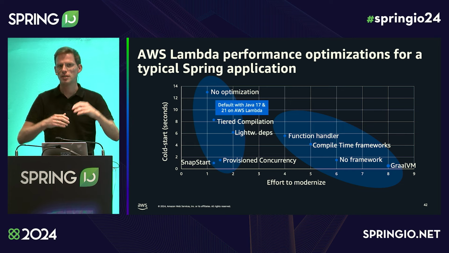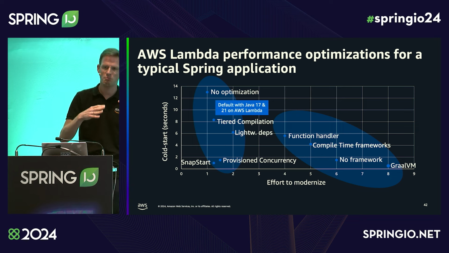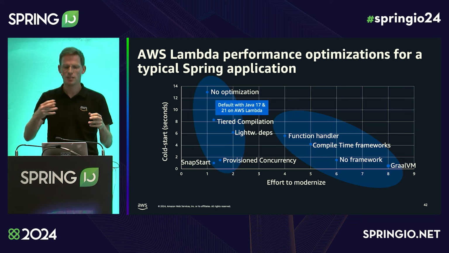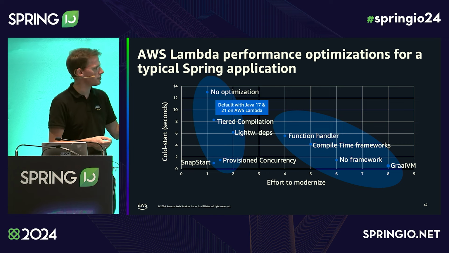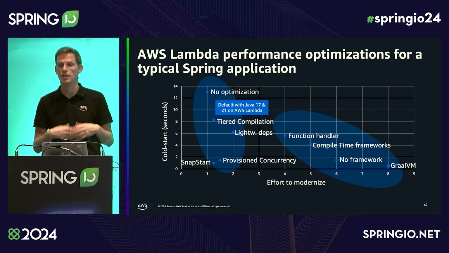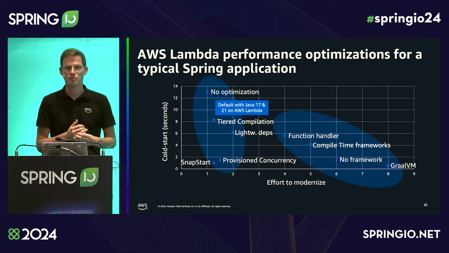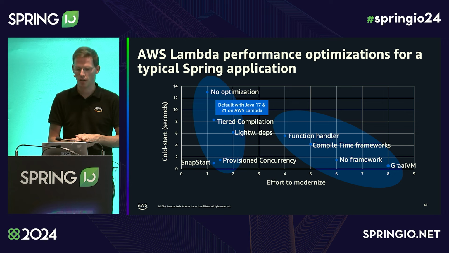So usually we suggest customers should start with Snapstart, see how that goes. And if you think you need more, then you take a look into GraalVM, because with Snapstart, you can really use all the language features. You still have the managed Java runtime environment. With GraalVM, you just need to take a bit more effort.